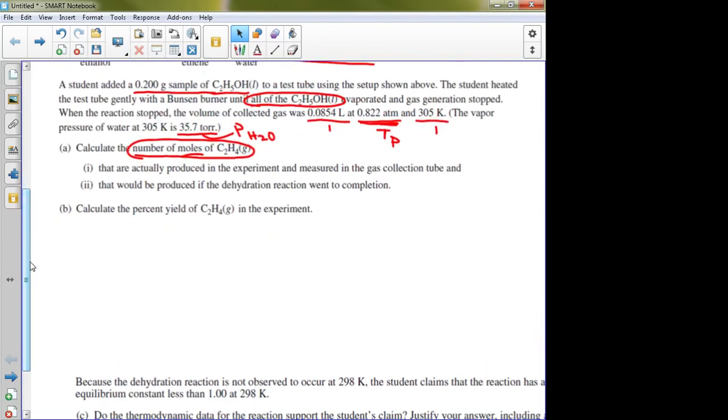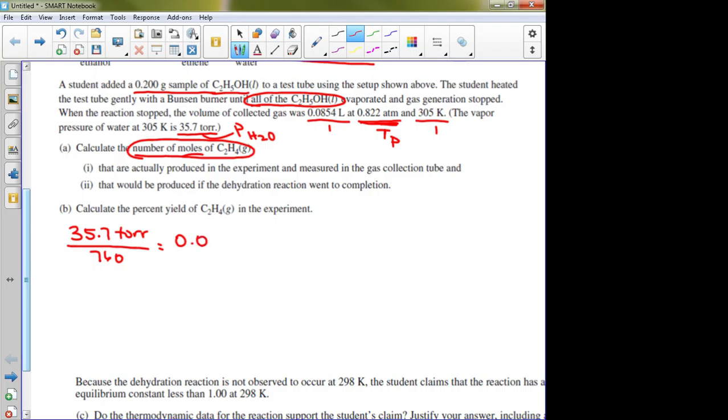All right, so we're going to take 35.7 and divide it by 760. How many atmospheres does that give me? Let me see. 35.7 divided by 760 is equal to 0.0470 atmospheres.